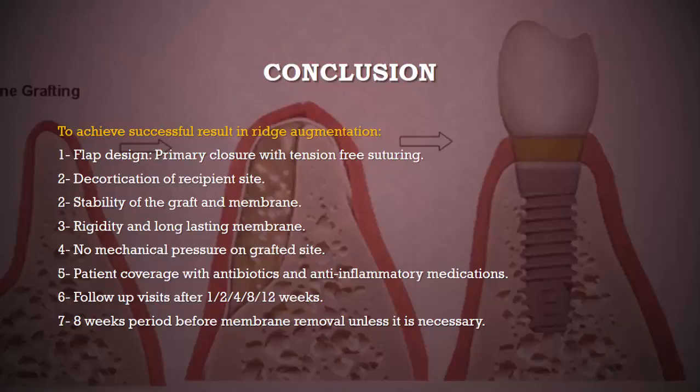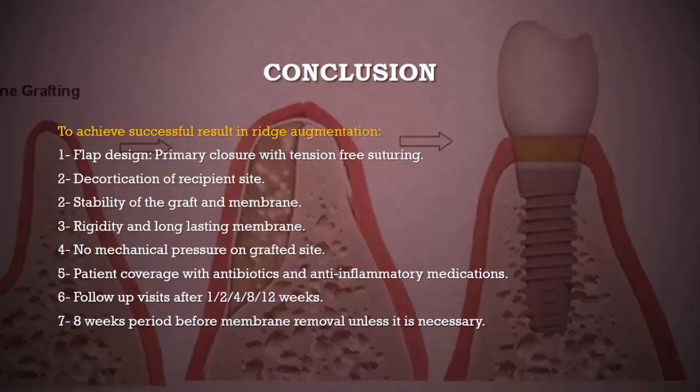Also, a rigid and long-lasting membrane is very important, so it can maintain the space for blood clot formation and subsequently for bone formation. There should be no mechanical pressure on the grafted site.